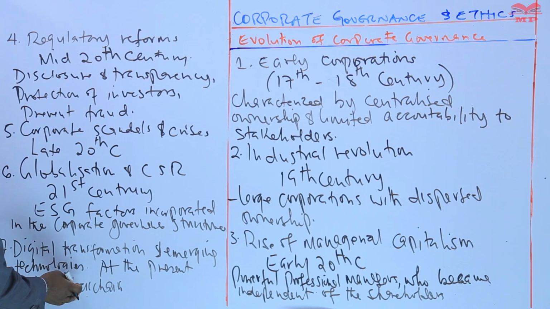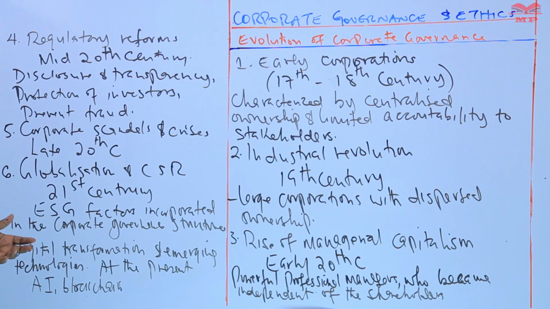These technologies, artificial intelligence, are creating new challenges and opportunities for corporate governance. And these technologies we know can enhance transparency and accountability, but they also raise concerns about data privacy. There are concerns about data security.